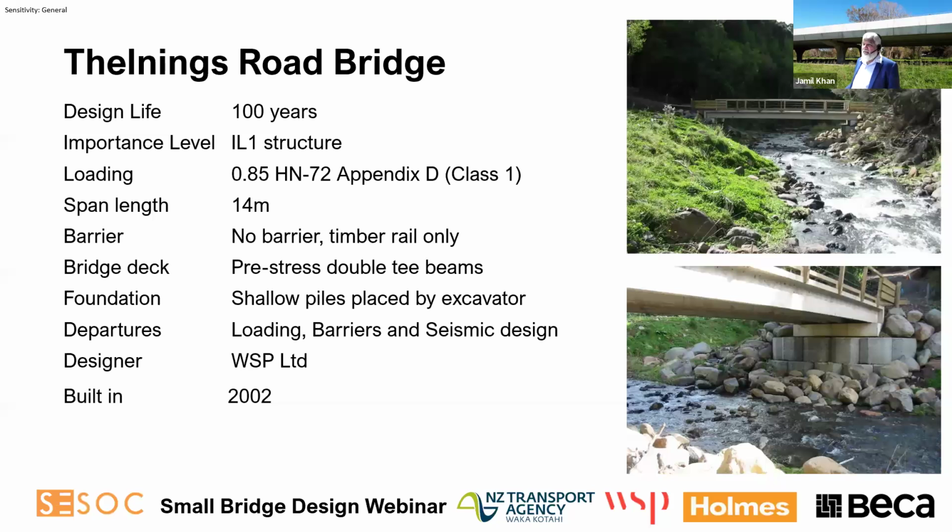The bridge deck is a prestressed double T beam. The foundation was shallow piles, placed using an excavator during construction. Departures were applied for the loading, barrier, and seismic design. This design was carried out by WSP and was built in 2002.